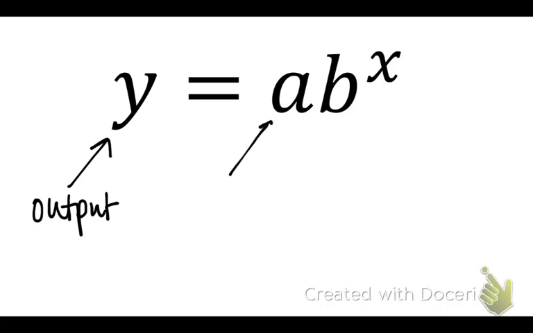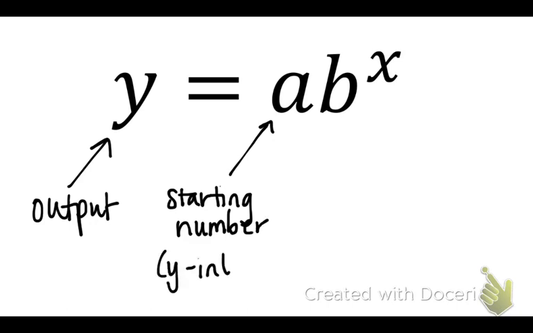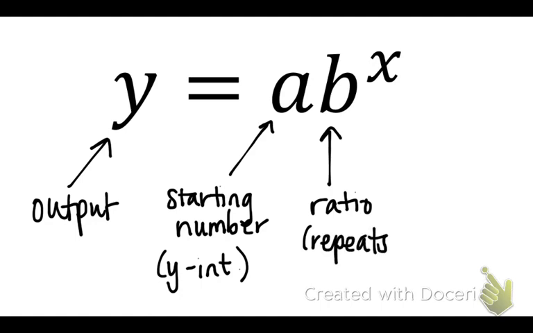This multiplier out front represents the starting number in a word problem. And on the graph, it represents our y-intercept. The base is the ratio that continually repeats, so the number that it multiplies by over and over again.